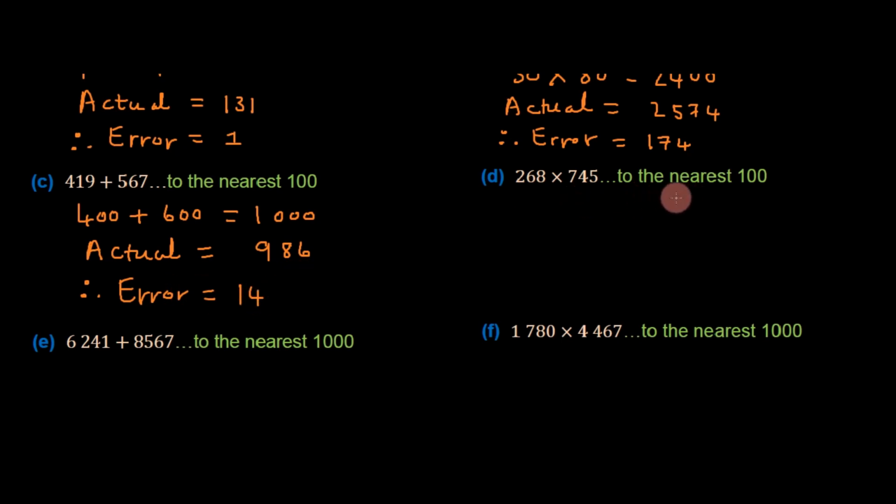Once again, we have to round to the nearest 100. So it's going to be 300 times 700. 3 times 7, of course, is 21. And we have to add 4 zeros, so 210,000.